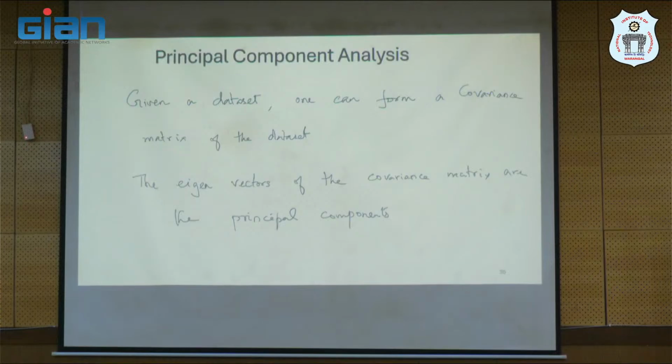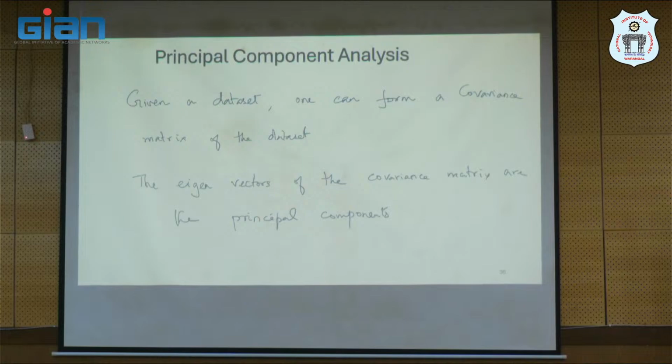So given a data set, you just need the data set to build its covariance matrix. You don't need any other information. Let's say that you have 2 features. If the number of features in your feature vector is 2, your covariance matrix order will be 2 cross 2. If you have 3 features, it will be 3 cross 3. If you have 100 features, it will be 100 cross 100. So it will be a square matrix. So that is the covariance matrix. Once you have built the covariance matrix using the given data set, that is all you need.